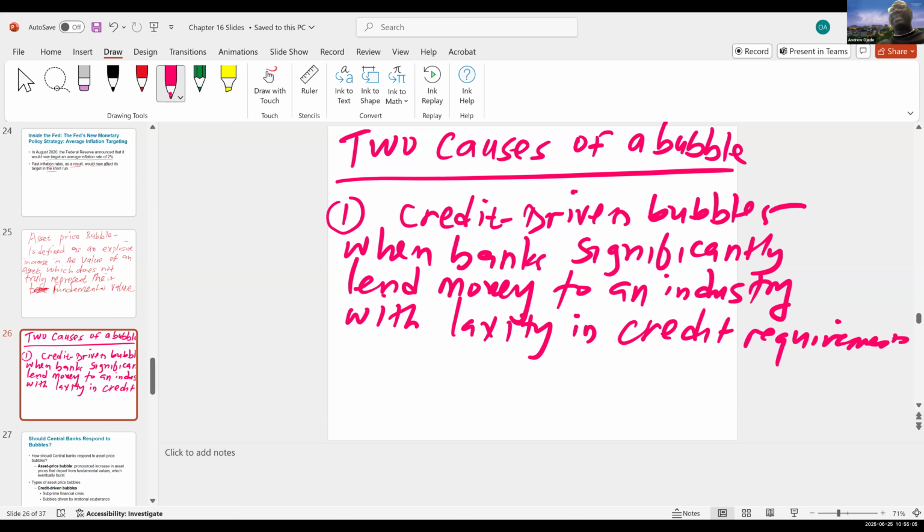In other words, the banks make it easier for people to borrow money. Even people who are not supposed to be borrowing money, who might be in poor credit standing, with low credit ratings, they'll find themselves accessing credit.